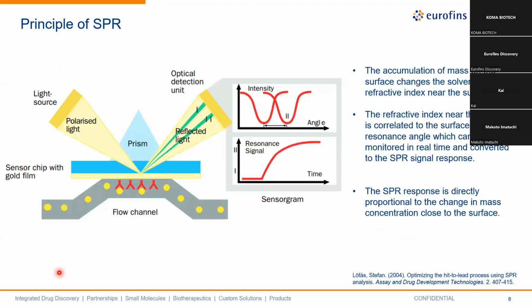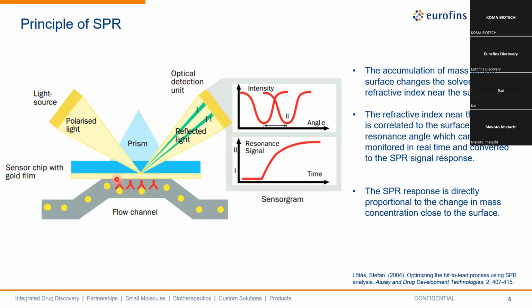This slide shows you the principle of SPR. I mentioned earlier that SPR measures the molecular weight, the mass of the binding on the surface. Basically, here is the SPR chip, and there's a microfluidic channel inside of an SPR instrument, and we have to immobilize one of the binding partners, which we call the ligand, on the SPR chip.